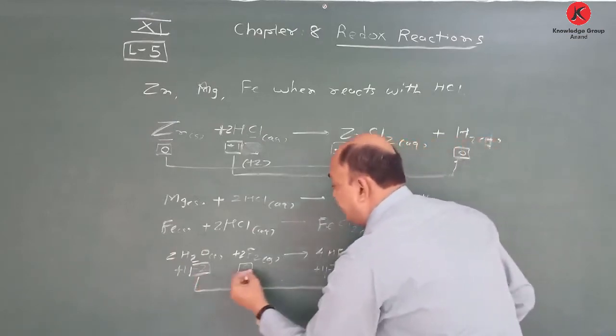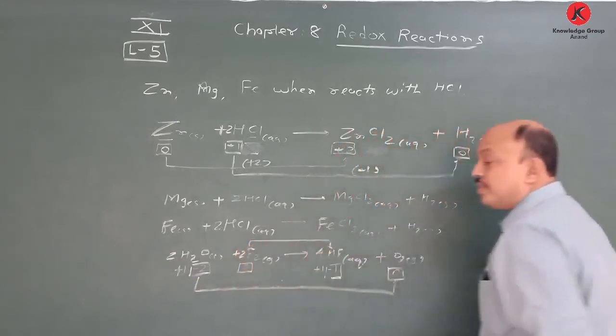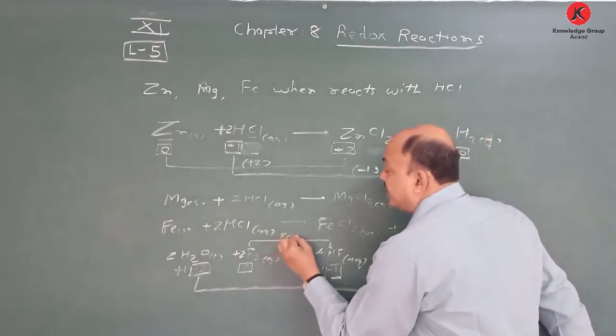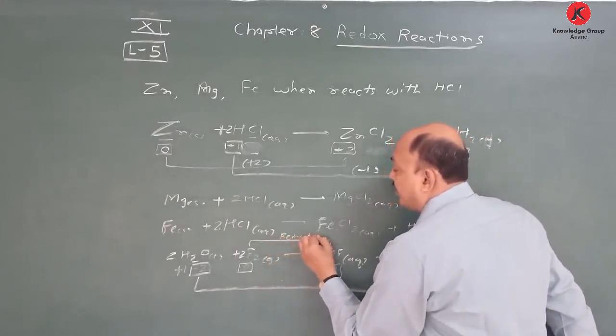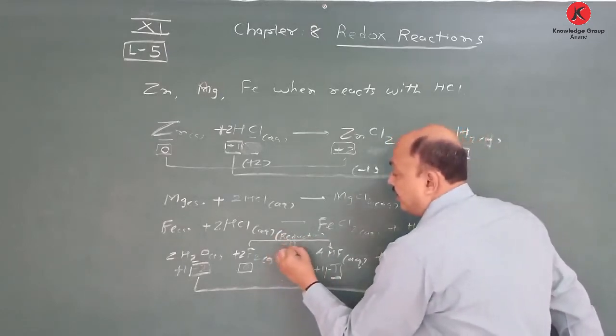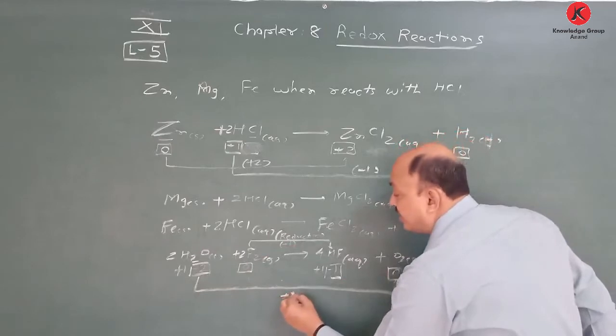Okay, so here 0 to -1. 0 to -1 indicates what? Reduction reaction. What is the reason? 0 to -1, reduced. And here -2 to 0 indicates what? Oxidation reaction.